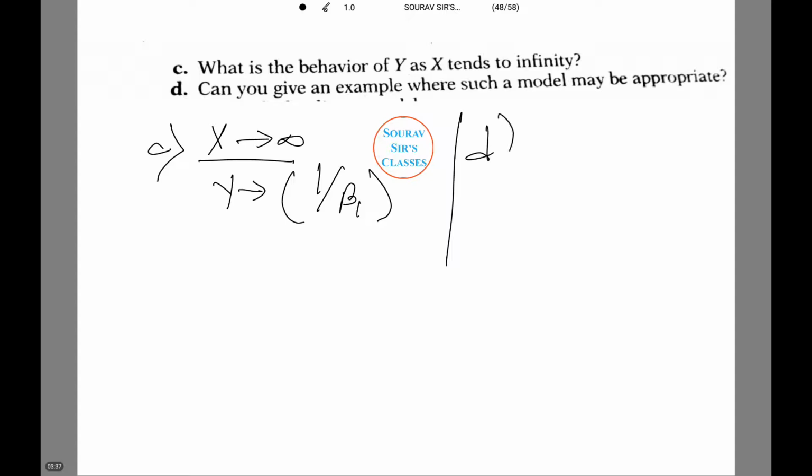Now let's do number B. Can I give an example where such a model may be appropriate?